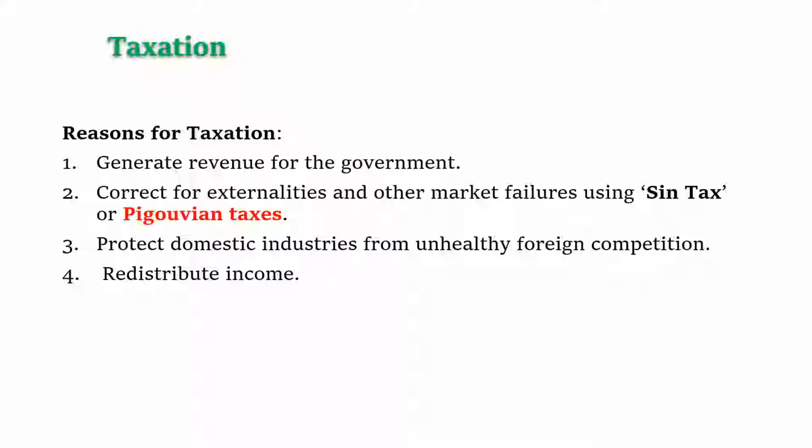Now, the government wants to embark on so many projects, like the building of roads, the state providing security. So this costs a lot of money. So the government needs money to run the affairs of the state or the government.